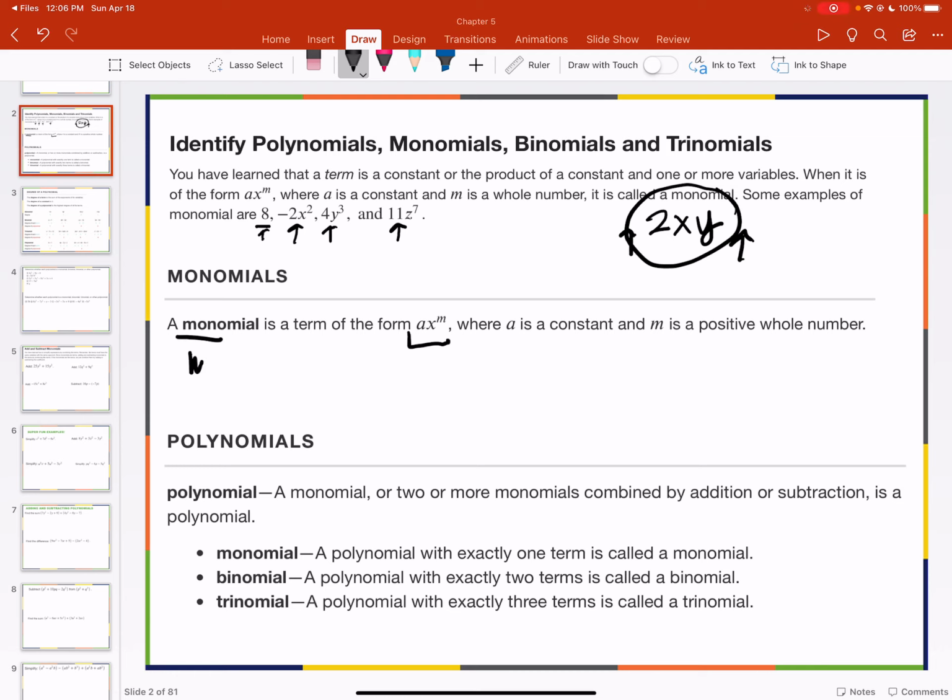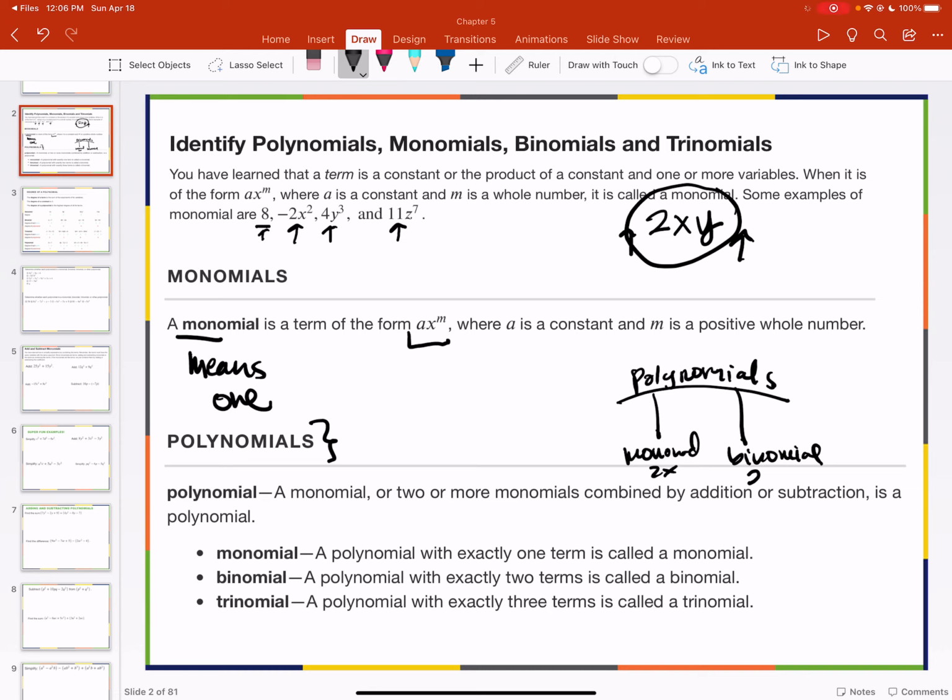Mono meaning one. So a polynomial is basically like the umbrella term. It's the largest term that includes monomials, which is one term, and binomials, which, as you can guess, is two terms, and they're always separated by a plus or minus.